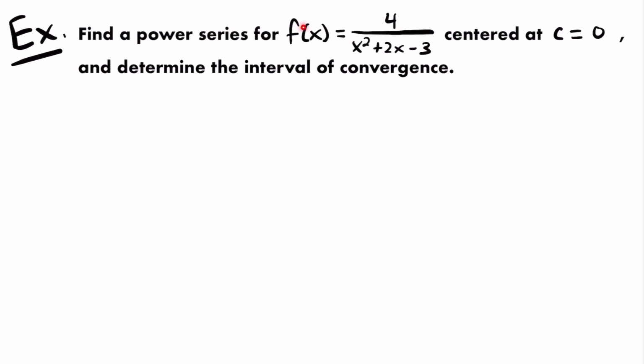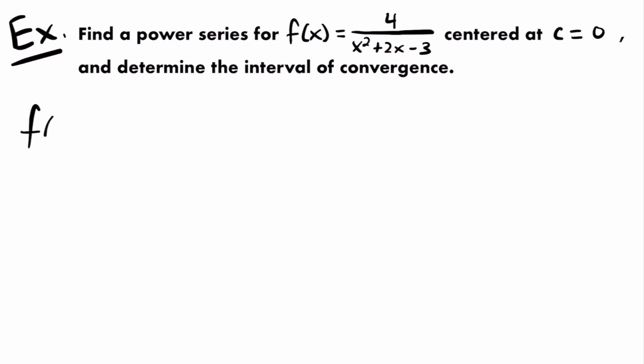All right, now this function here is a little bit different than what we've been working with so far. Instead of having a linear denominator, we have a denominator that is quadratic. More specifically, we have a quadratic with both an x squared term and a term with x to the first power. And here's why that's a problem.